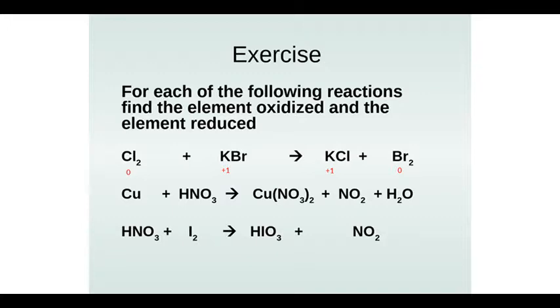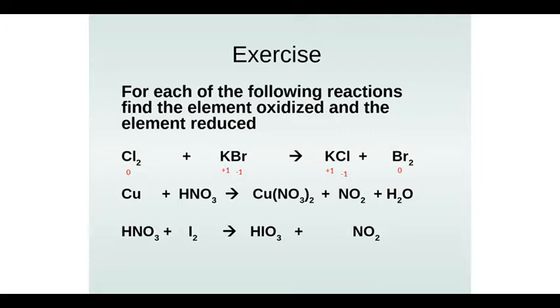In order for the entire compound, KBr and KCl, to be neutral, that means that both the bromine and the chlorine need to have the same oxidation number of -1. Again, in order for the whole compound to be neutral. So the only thing that's changing is the chlorine and the bromine.